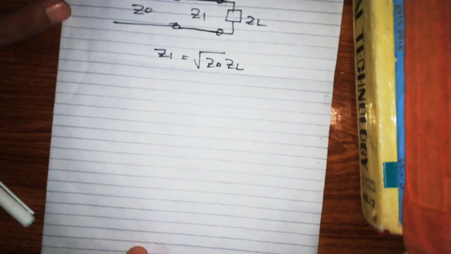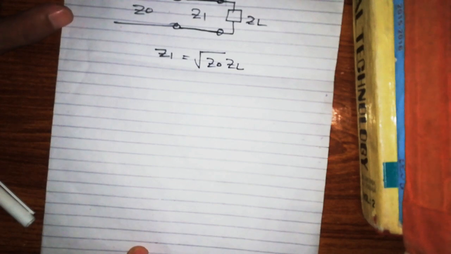Normally we consider these transmission lines as lossless, so Z0 and Z1 are real numbers.